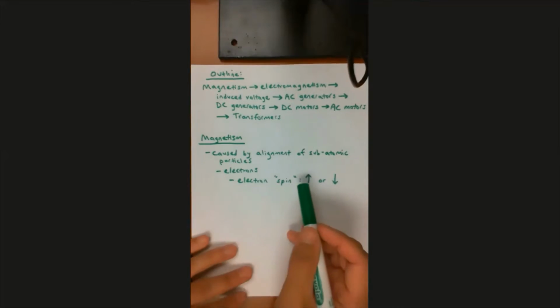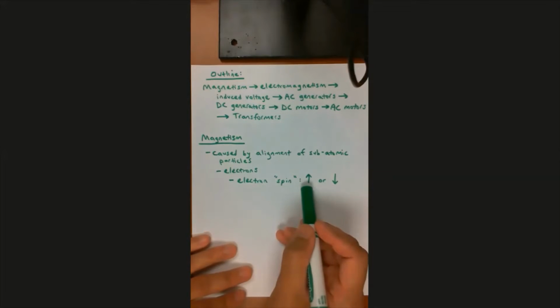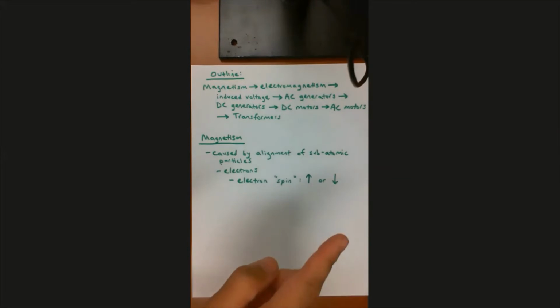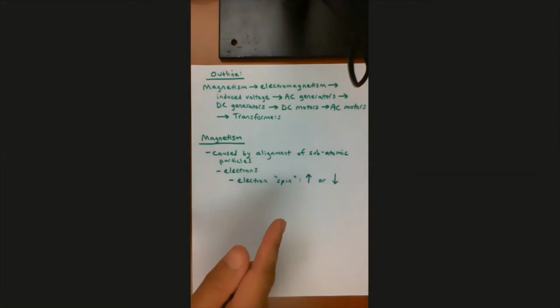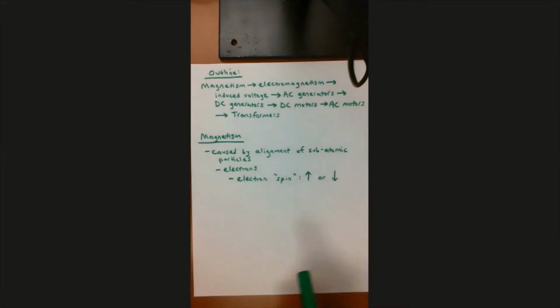So we talk about the electrons spinning, either in one direction or in the other direction as they go around the nucleus. That's going to work for us. We don't need to get into quantum mechanics, and this model works very well to explain all of the effects that we're going to talk about in this class.